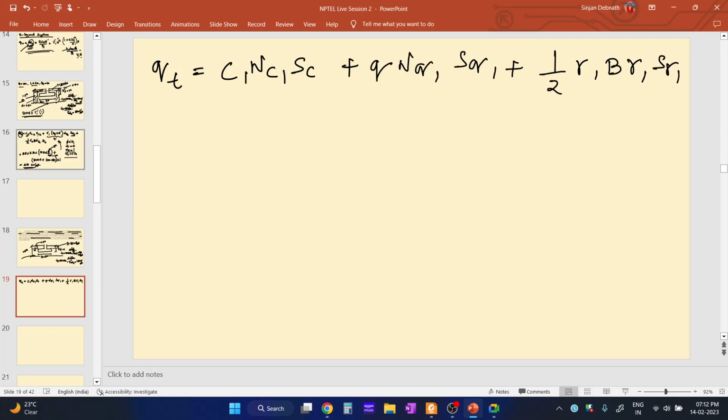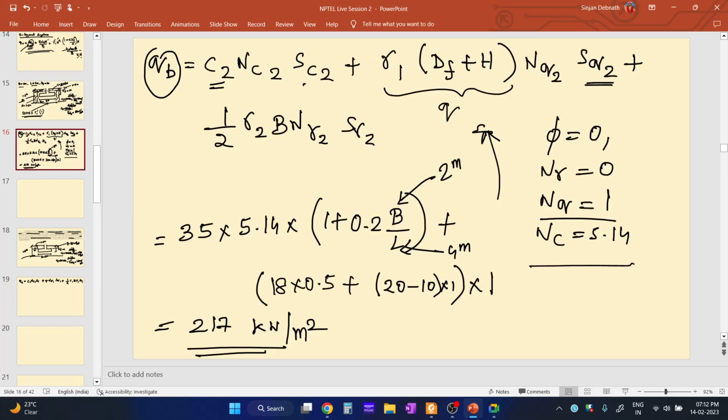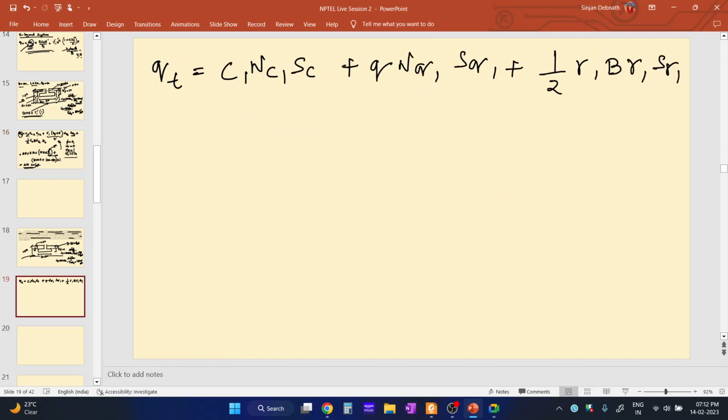In the last case, we used all the parameters of the second layer: C2, NC2, SC2, NQ2, SQ2, because in the last question we were asked to find the bearing capacity for the bottom layer. In this case, we are asked to find the bearing capacity for the top layer, so we will use all the parameters for the top layer.